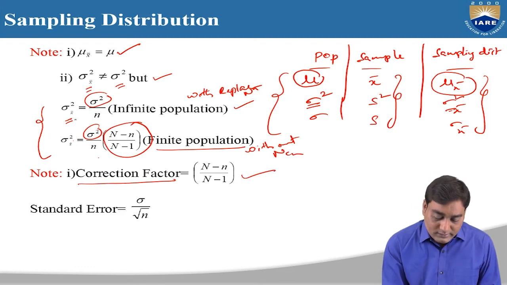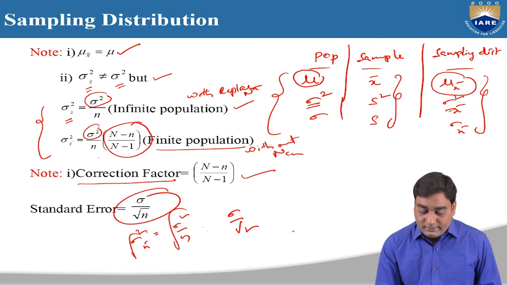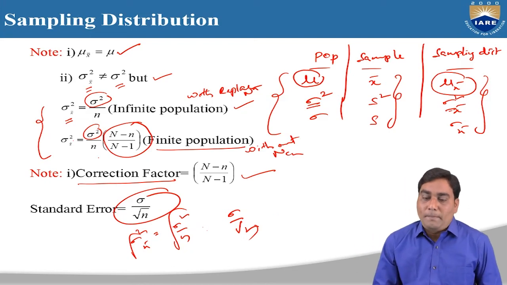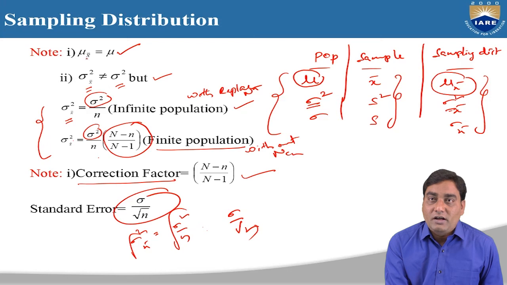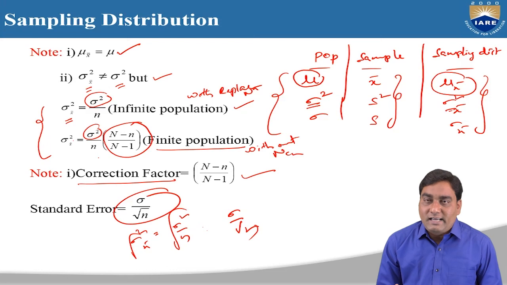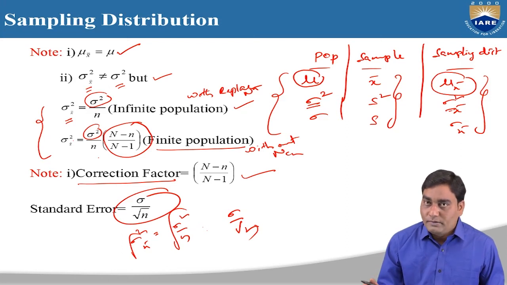And sigma square x bar equals sigma square by n. If you take the square root, this is sigma by root n. That is called standard error. Now we concluded that finally with all the 9 values, the mean of the population and the mean of the sampling distribution are always the same. And in the variance case, both are not the same.